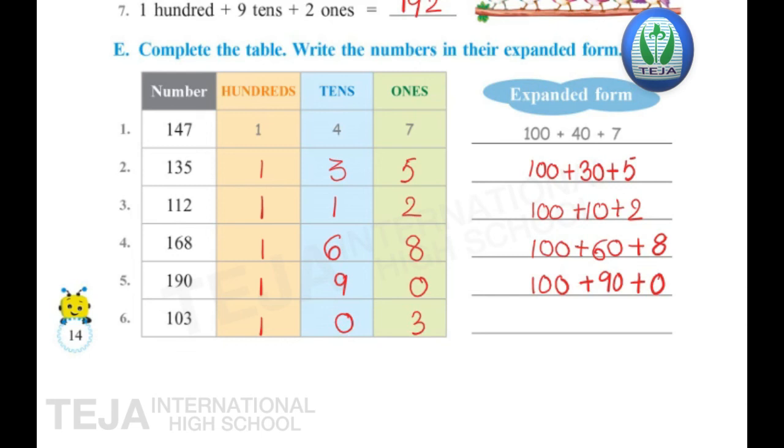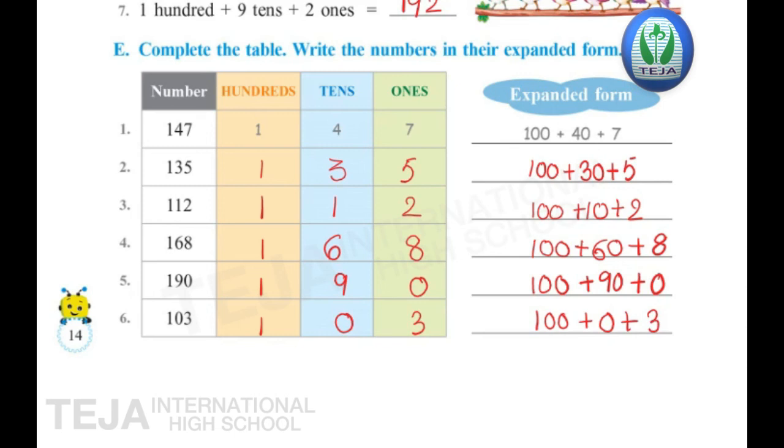Now as 1 is in hundreds place, the value is 100 plus 0 in tens place, so the value is 0 here in tens, and 3 is in ones place, so the value will be 3. The expanded form of 103 is 100 plus 0 plus 3.